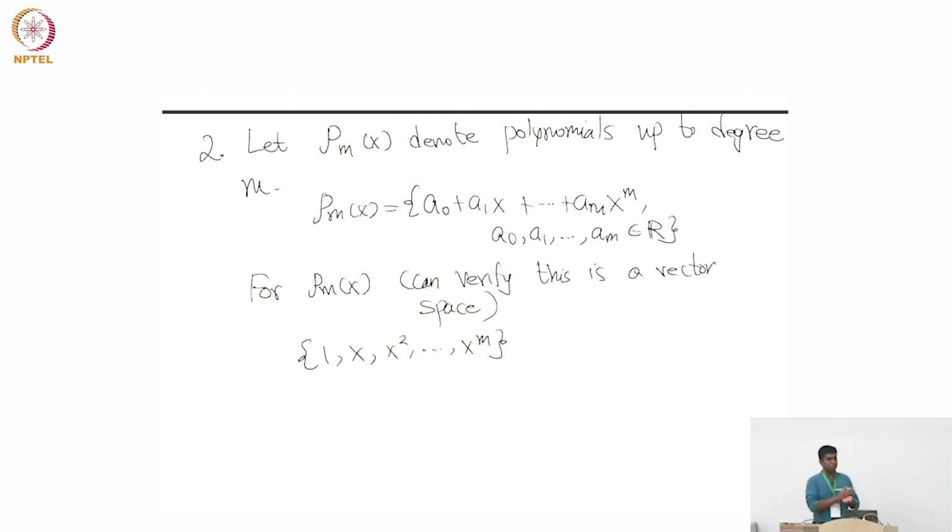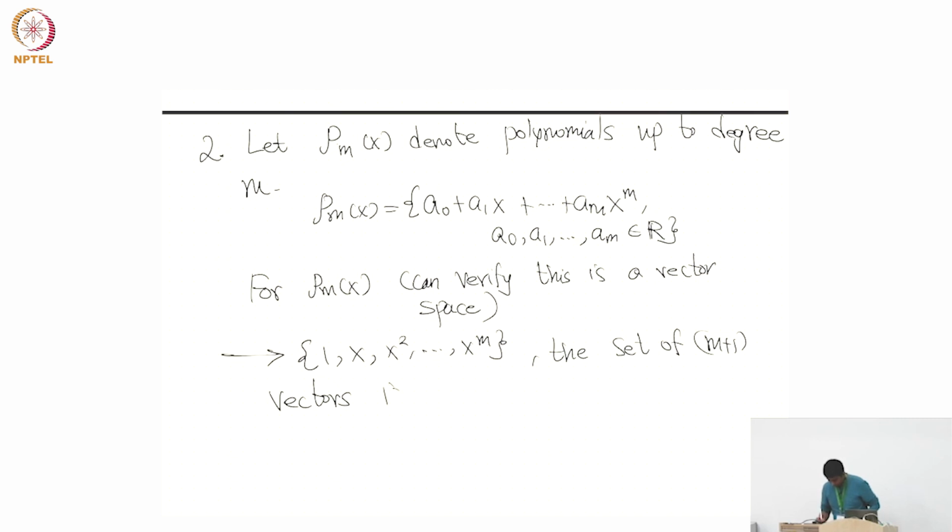Those are m plus 1 elements. There are m plus 1 vectors. The set of m plus 1 vectors is both a spanning set and linearly independent, and hence this is a basis.